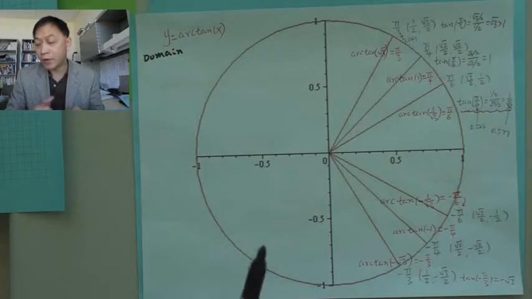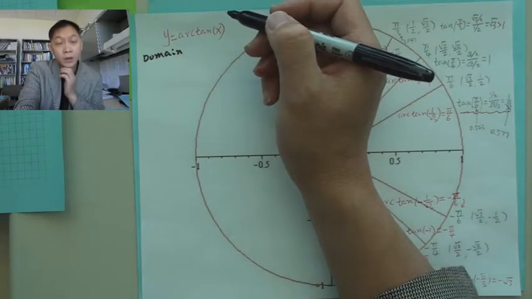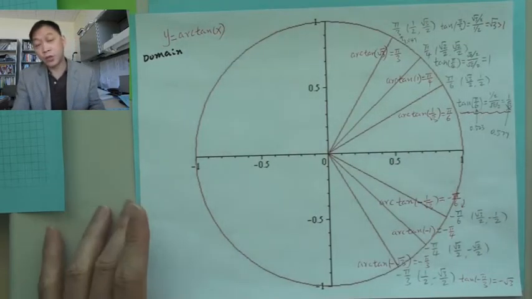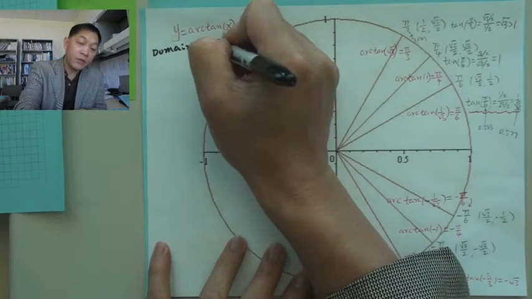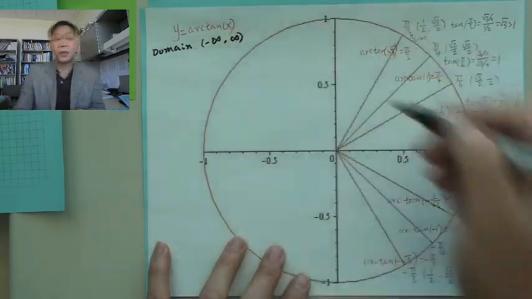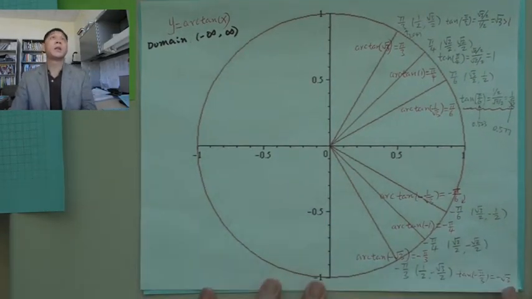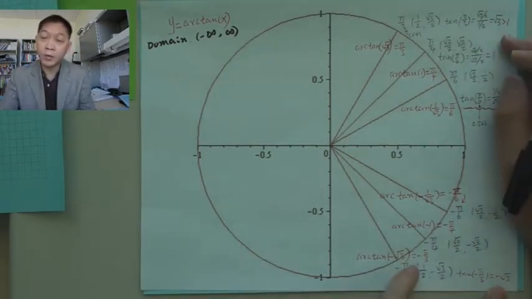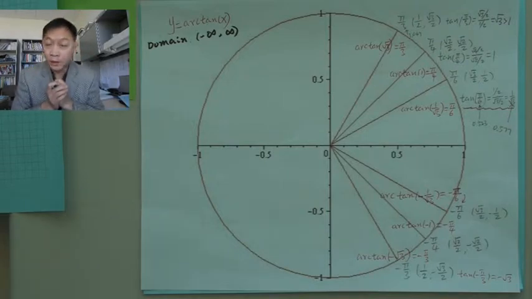Then that was the range for tangent, and the domain will be opposite for arctan x. The domain for arctan is from negative infinity to positive infinity, since previously the range for tangent x is from negative infinity to positive infinity. Can be less than negative 1, can be greater than positive 1. So that was a ratio.